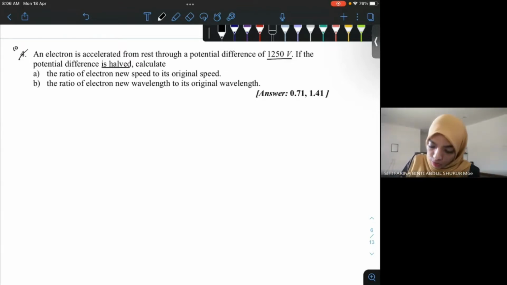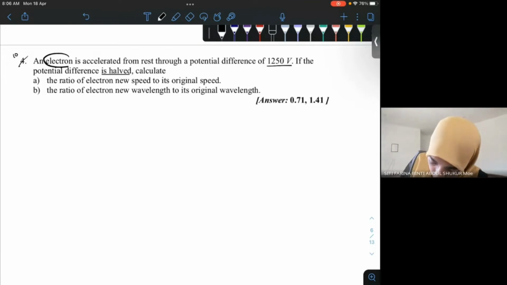Okay, so what we have here is the electron is accelerated from rest. Initially, it was at rest, and then through a potential difference of 1250. So our voltage here, the initial voltage, let's say original, is 1250 volt.